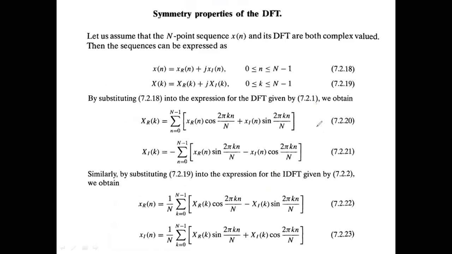Be curious and see how it actually reduces the computational burden. Now you can see here, if you represent e to the power j 2 pi by N into kn as cos minus j sine, the real part of the answer can be broken into this particular expression. Imaginary part can be broken into this particular expression.